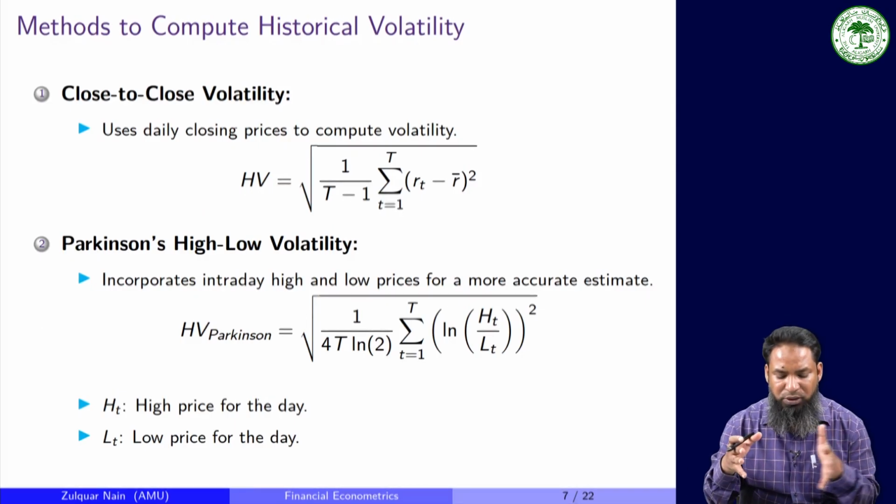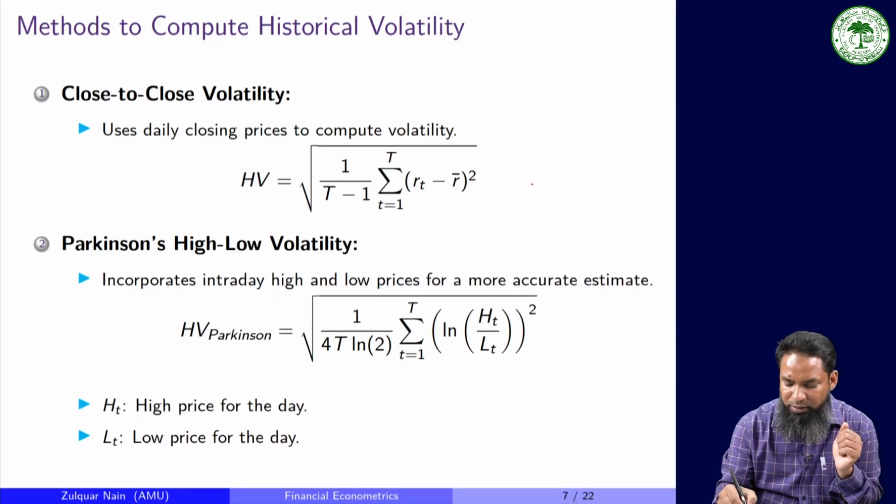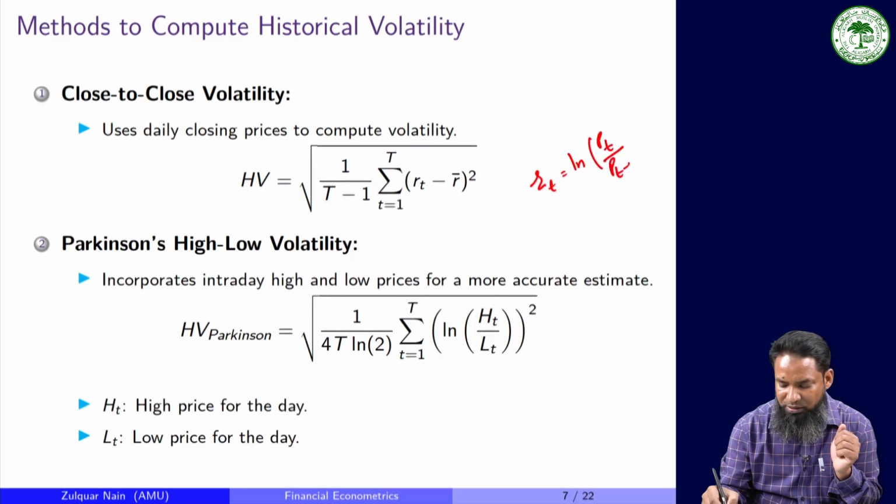When we use daily closing prices to compute the historical volatility, that is known as close to close volatility. Here, when we calculate R_t as log of P_t upon P_t minus 1, this price P_t is the closing price.